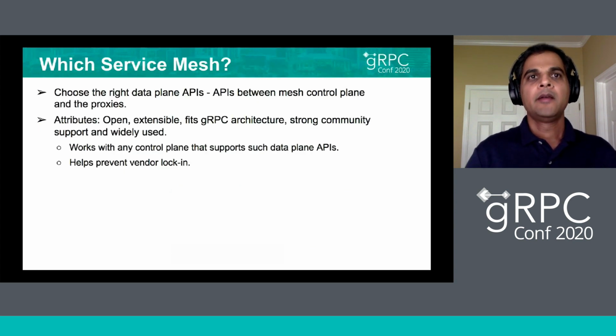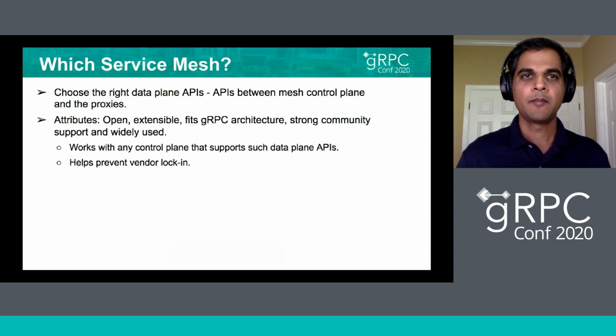So now the question is which service mesh to use. It is not about picking a particular service mesh solution. The lessons we learned from the gRPC LB protocol showed us that picking the right data plane API is the most important thing.